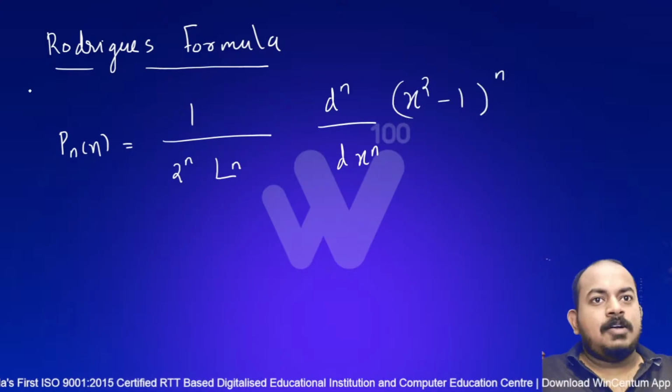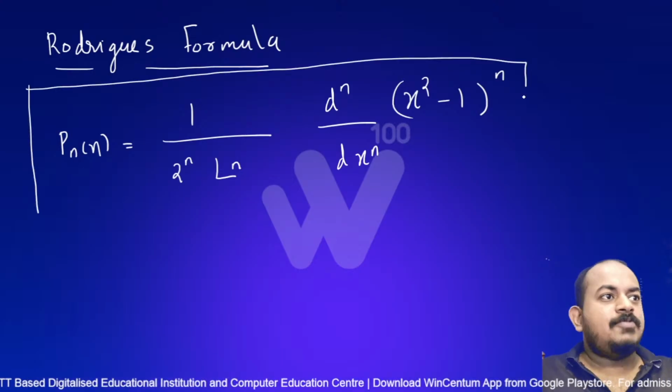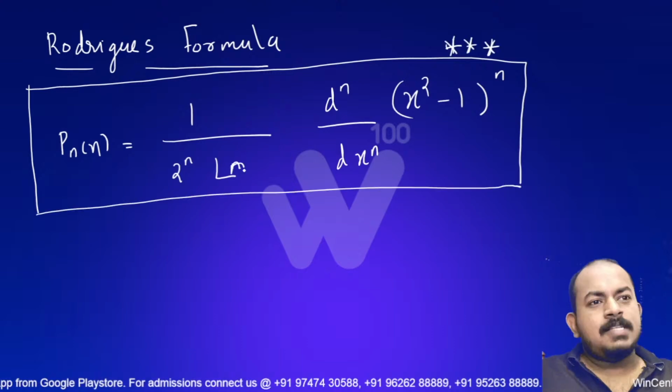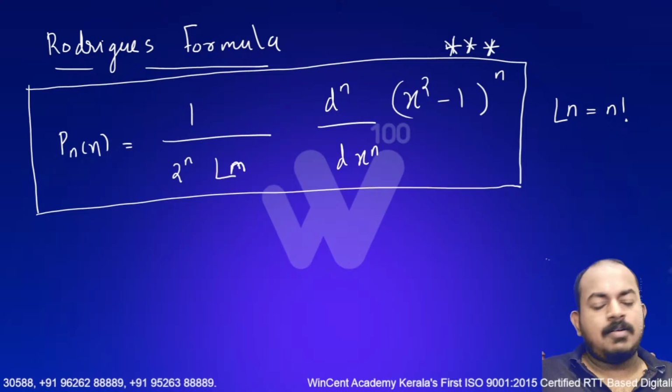So this is really important. You have to write it down and learn this Rodrigues formula by heart. Really important. In some texts it is given as factorial n. Literally, this representation means n factorial, or the factorial n.